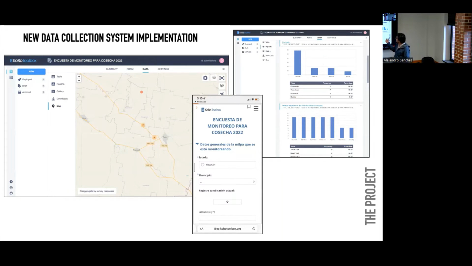Also, COBOL toolbox takes the geographic coordinates, so they will be able to see where they gathered that information. And it can make automatic reports. So the thing that they were struggling a lot to do before with just pen and paper, now they can do with just their phones in a couple of days.